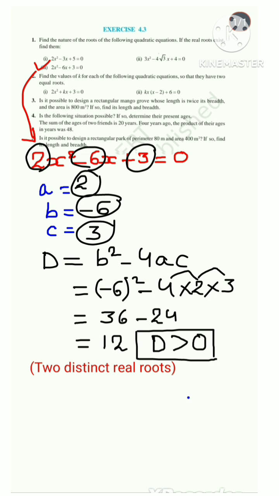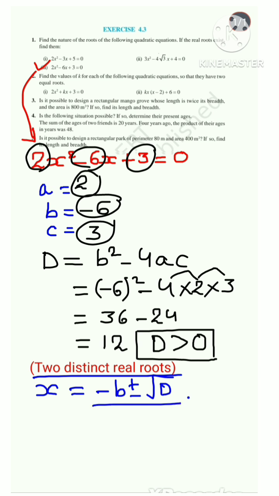Now we have to find these two distinct real roots by using the quadratic formula, right? And our quadratic formula is x equal to minus b plus minus root over d by 2a.